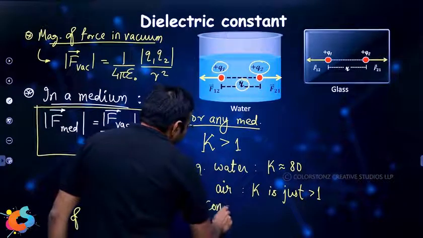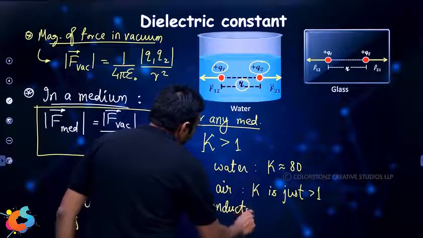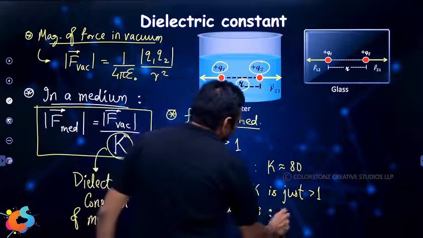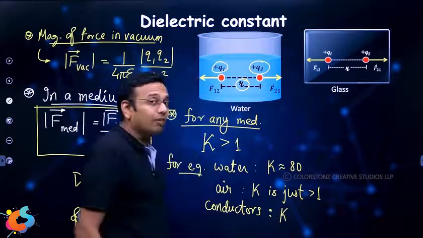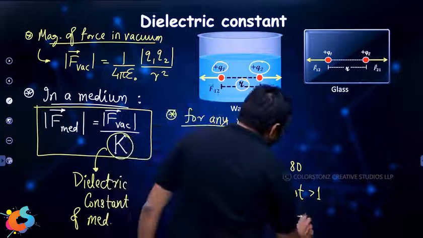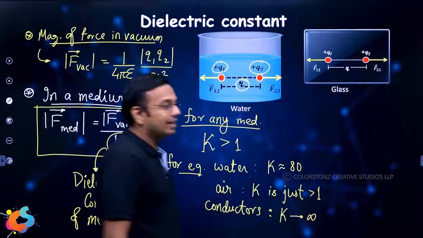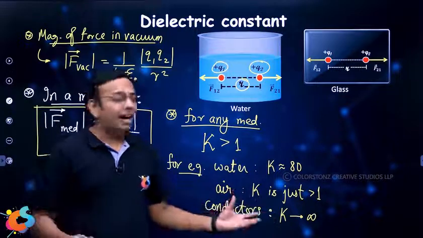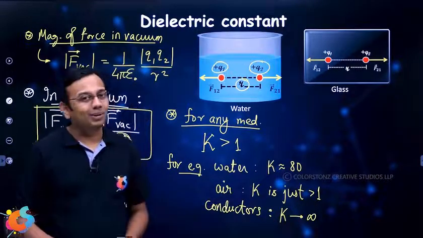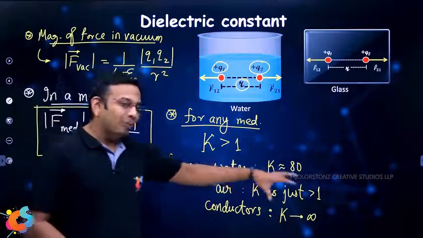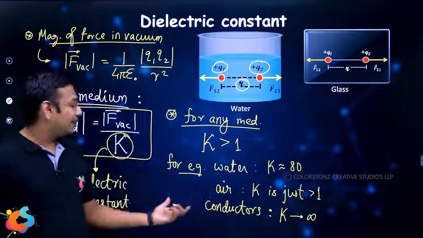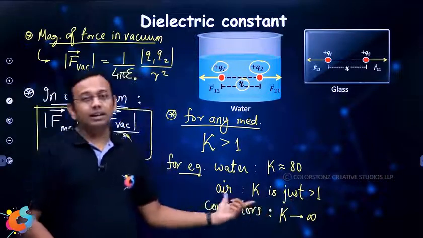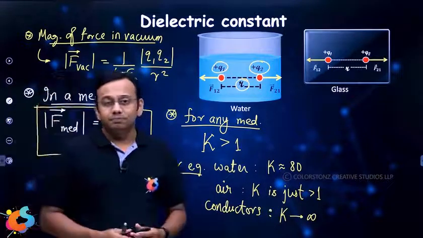In the case of conductors, the dielectric constant approaches infinity. It is equal to infinity for all theoretical purposes. It is very, very high. It tends to infinity. Now, I know you must be wondering, why am I saying this? Why does the dielectric constant become infinity for conductors? And what does this mean?